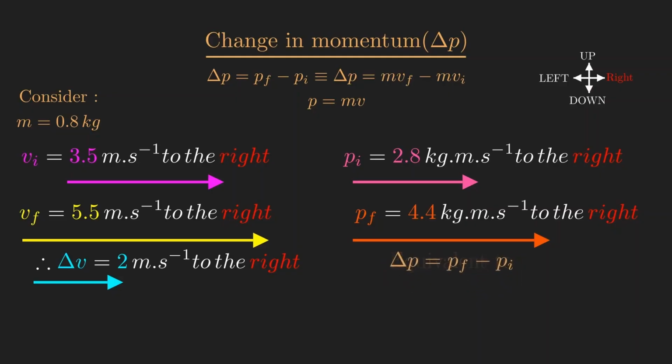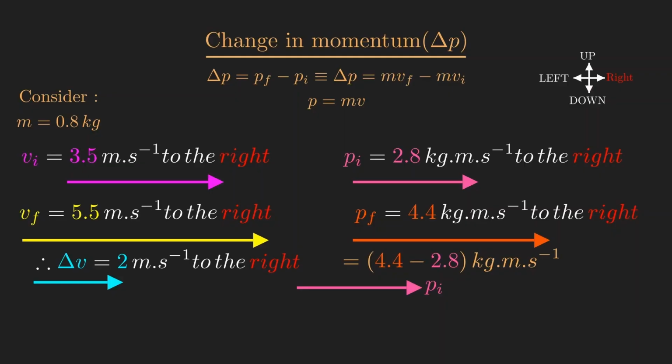That's equivalent to final momentum minus initial momentum. We already have these vectors there. So we'll approach this the same way we did with the change in velocity. We will add the negative of the initial momentum to the final momentum, 4.4 minus 2.8.